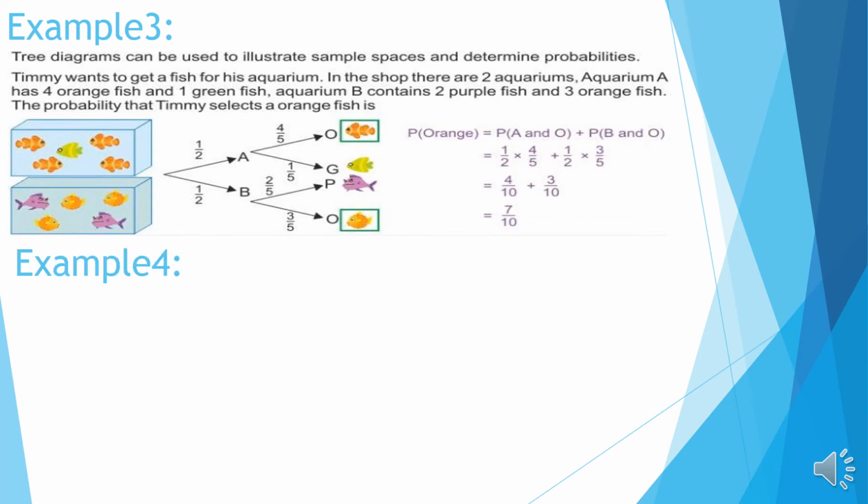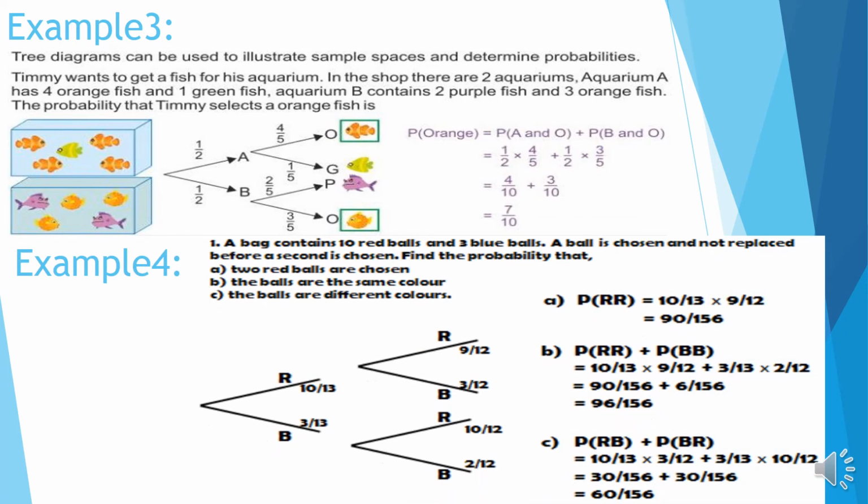Another example. A bag contains 10 red balls and 3 blue balls. A ball is chosen at random and not replaced before a second is chosen, meaning we did not return the first ball before drawing another.